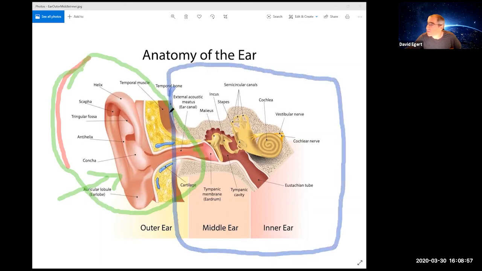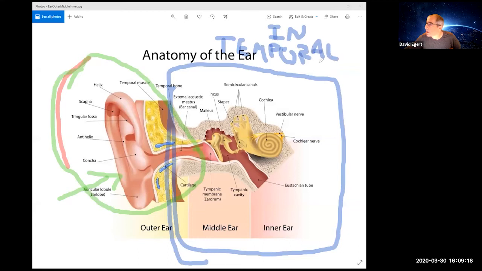So all this stuff here, this is in the temporal bone. So this continues to all be bone.